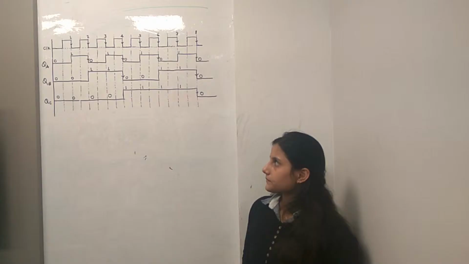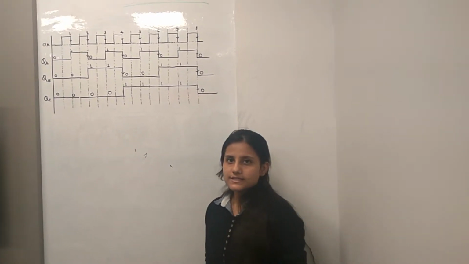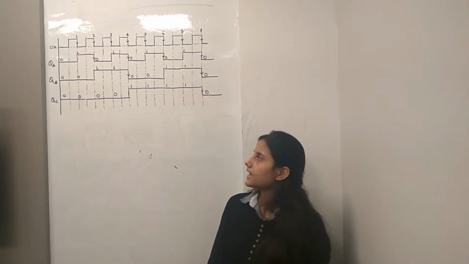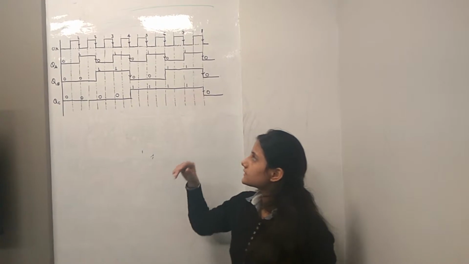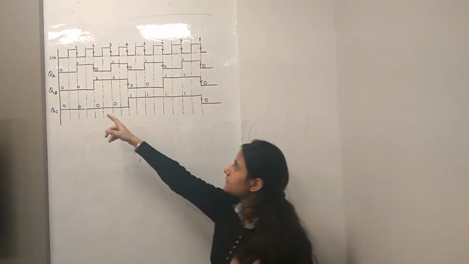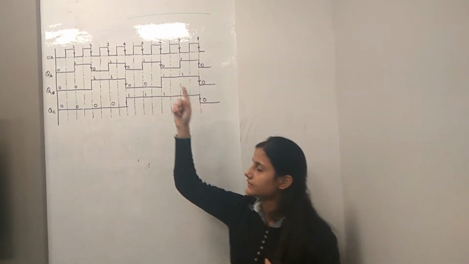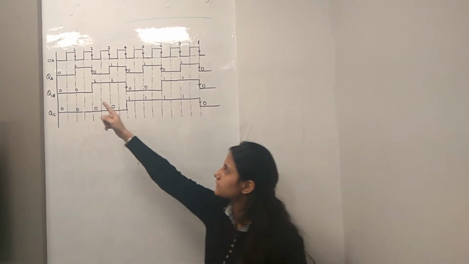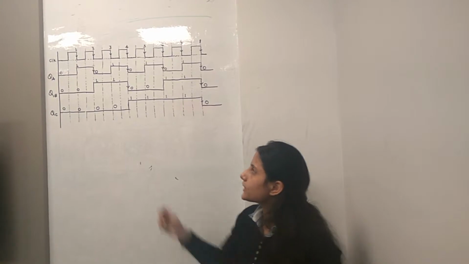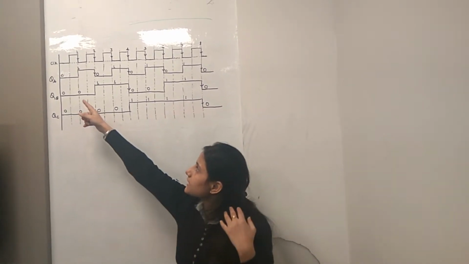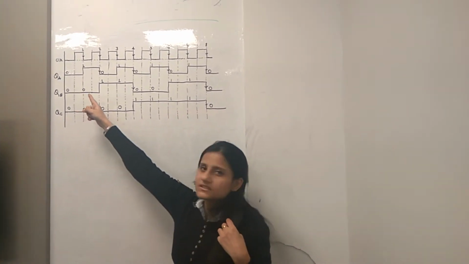Now we have to analyze timing. So now we will consider this timing diagram, and in this diagram, the external clock is given to the output QA, and initially here we have 0.